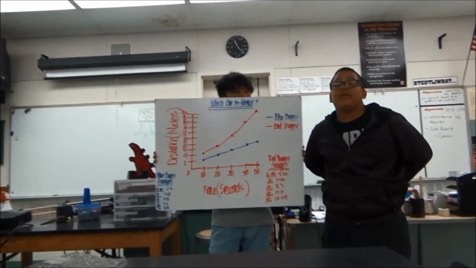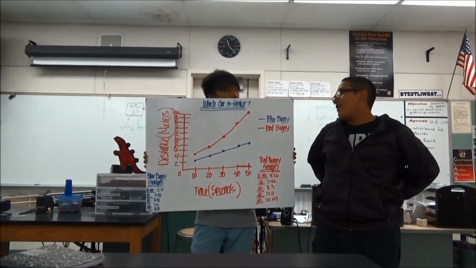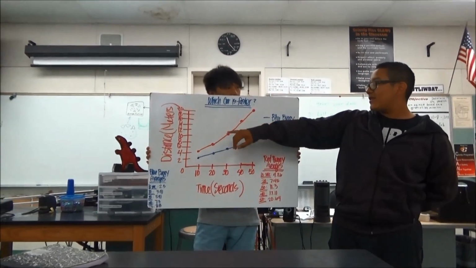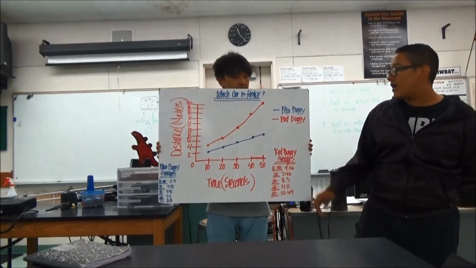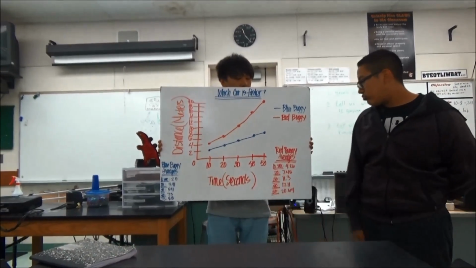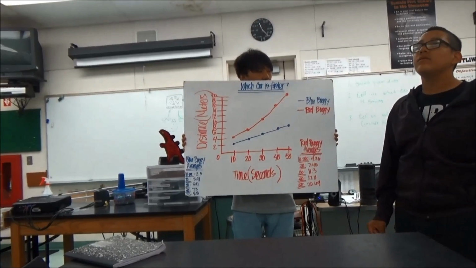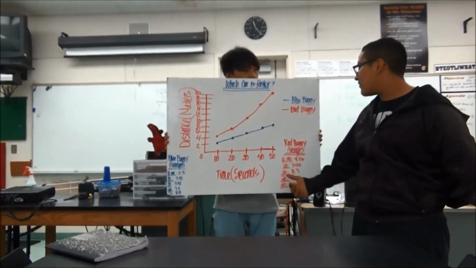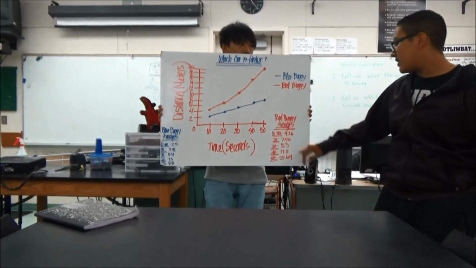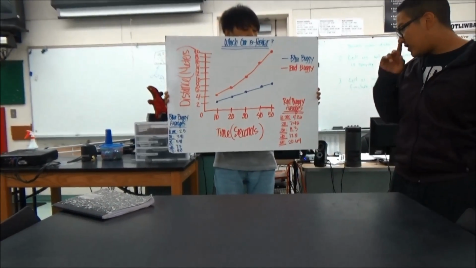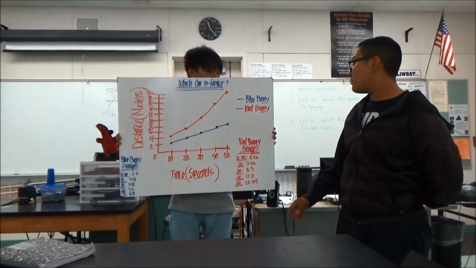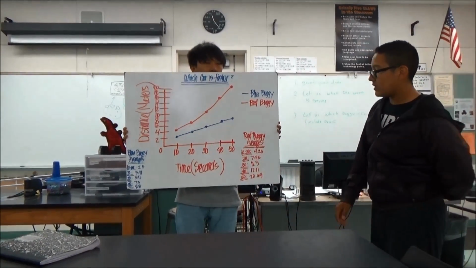3, 2, 1, go. All right, so our graph is showing the distance in meters that the red and the blue buggy went in 50 seconds. Our averages for the red buggy in 10 seconds is 4.26, 20 seconds 7.45, 30 seconds 11.3 meters, 40 seconds 17.11, 50 seconds 20.69.